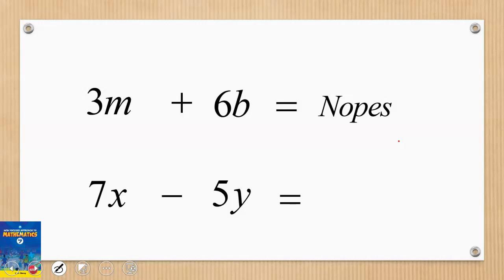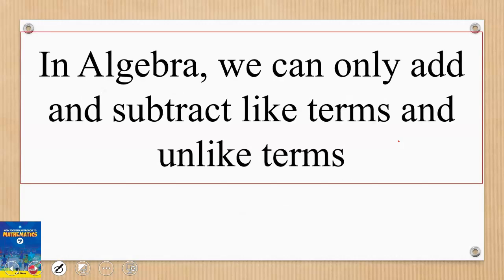We can't subtract a variable from another different variable. So in algebraic expressions, we can only add and subtract like terms. Remember, in our previous pages, we studied like terms and unlike terms when we were looking at the terminologies that go with algebraic expressions, right?